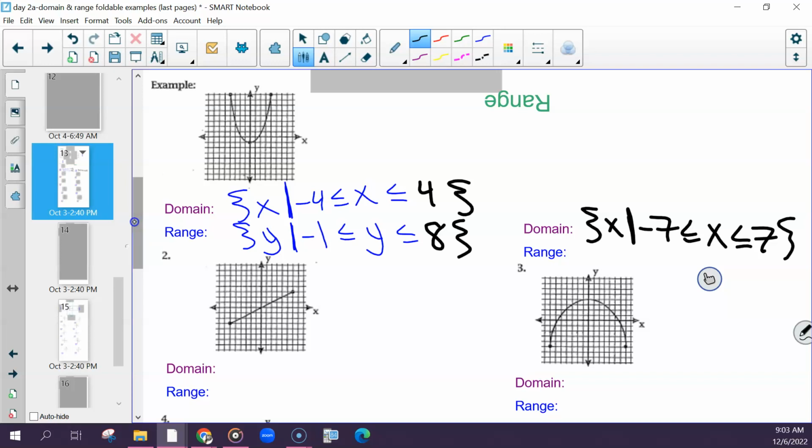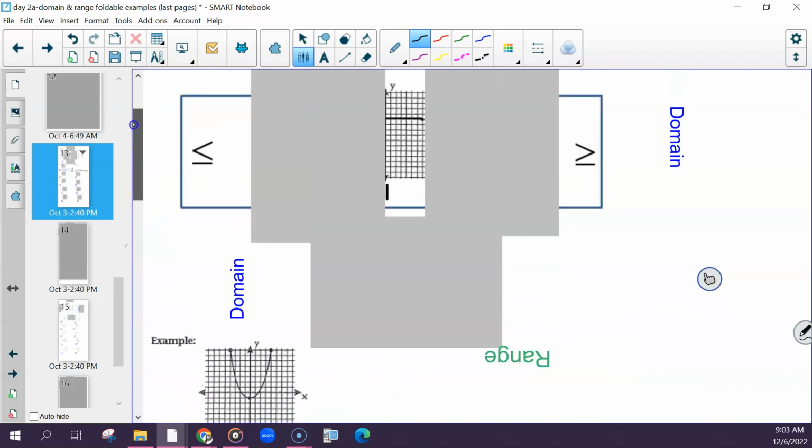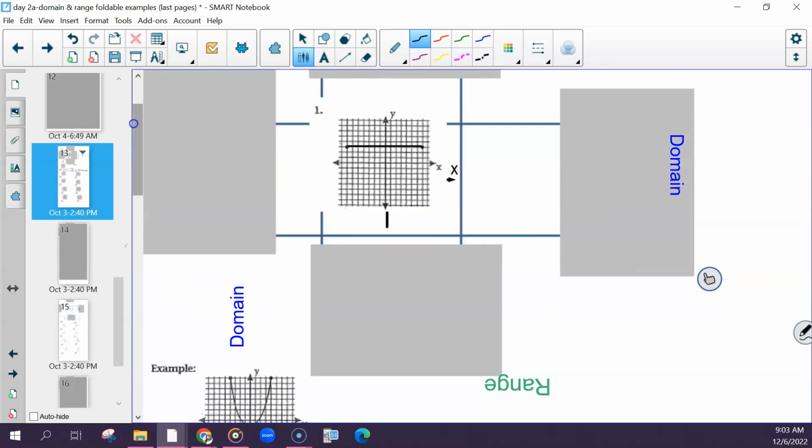Okay. For your range, I'm not going to do the flaps, only because it's not moving. It's just one straight line all the way across. Because it's one straight line, it only has one y value. What is that y value?